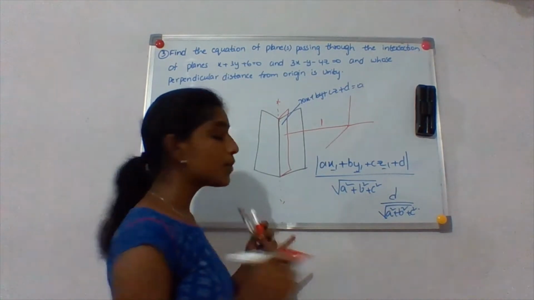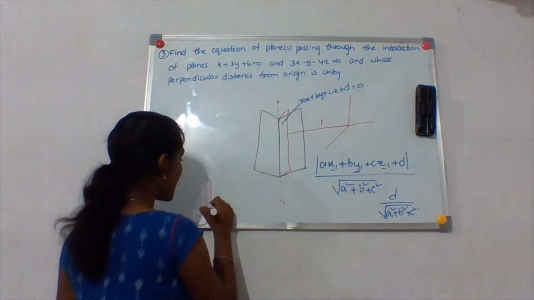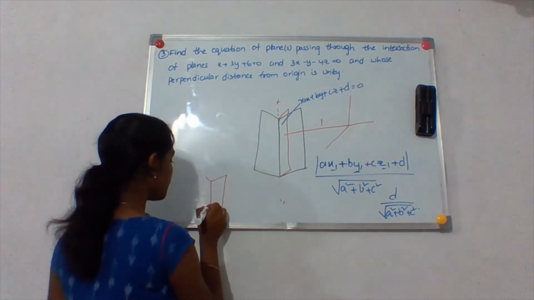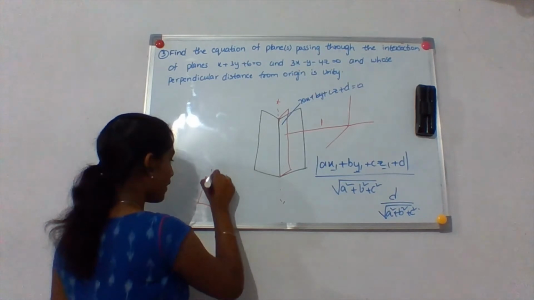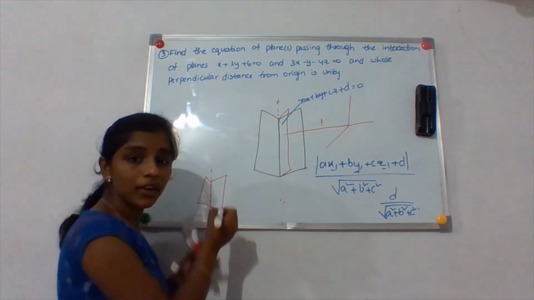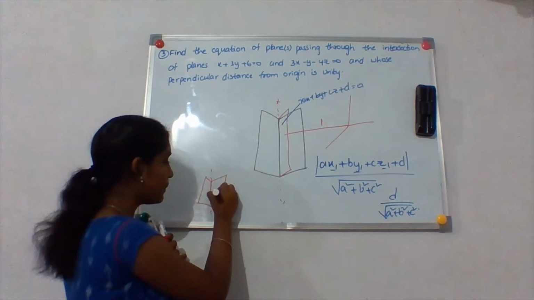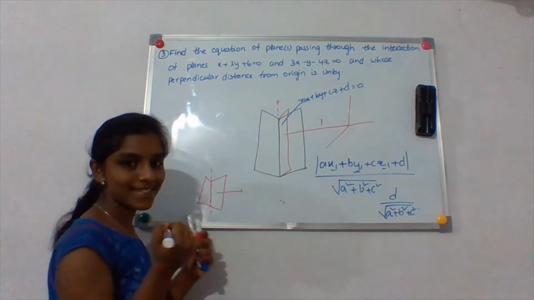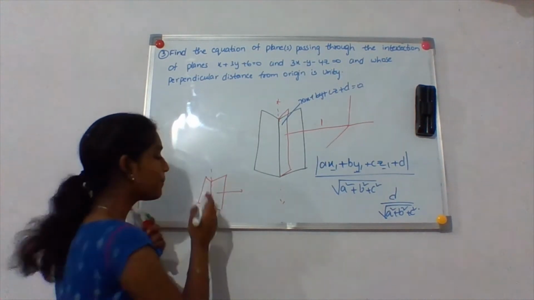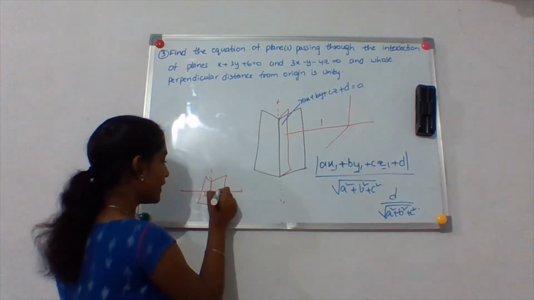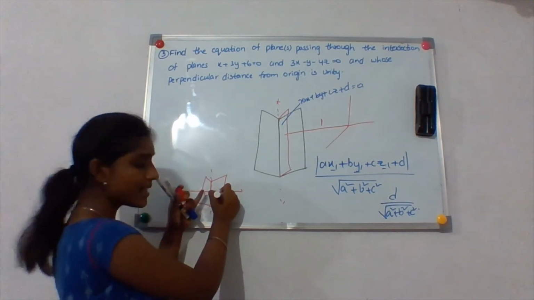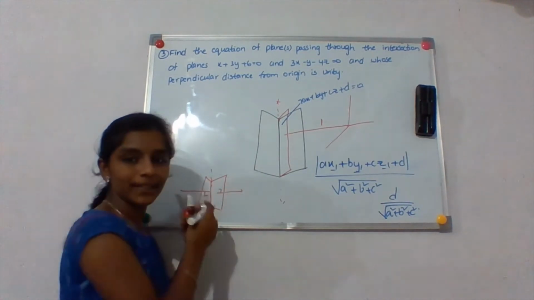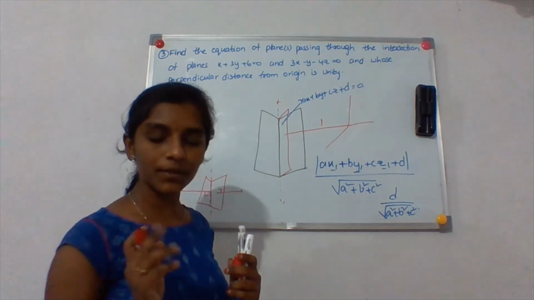The logic was, when two planes are intersecting each other like this, and we draw the normals to these planes, they'll be like this. We cannot draw it upward, so I'm drawing it to the side. This normal is also perpendicular to this line of intersection. Am I right?